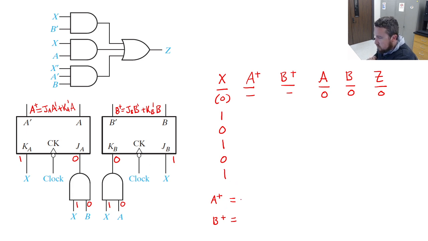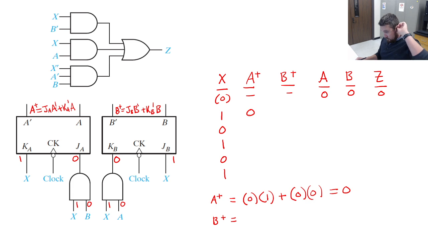Okay, A plus is equal to JA, which was 0, and A prime, which was 0, gives us a 1, or KA, which is 1, but KA prime is equal to 0, and A was equal to 0, so that means that A plus is equal to 0. Wait, hold on.